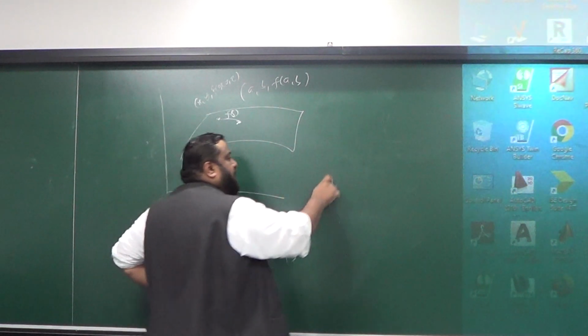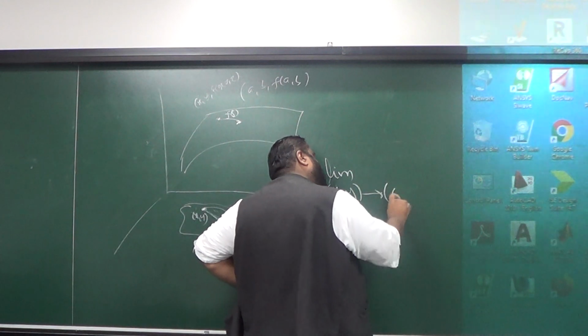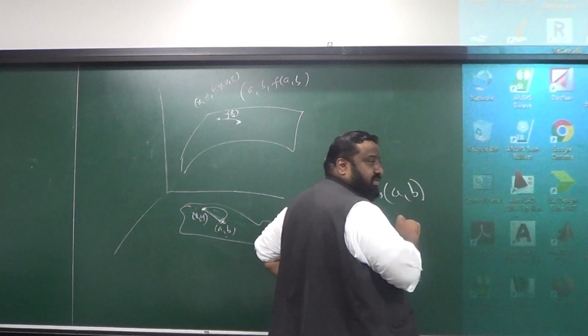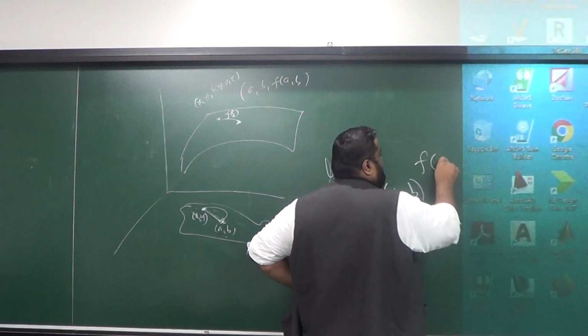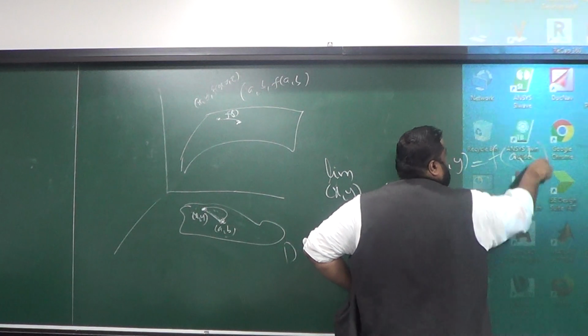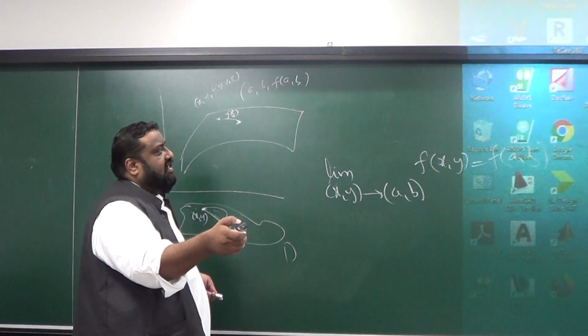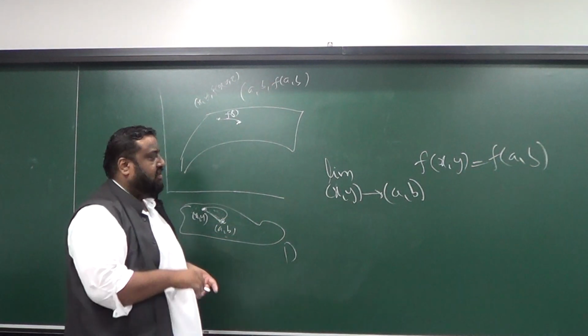And that would be the meaning of saying that the limit as xy gets closer to AB of f of xy is equal to L. That's what the meaning of it is. Is it making sense?